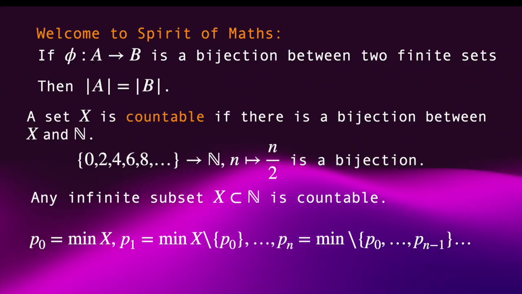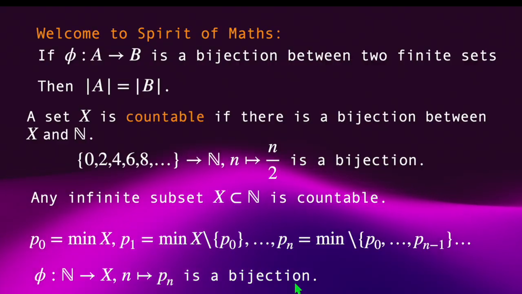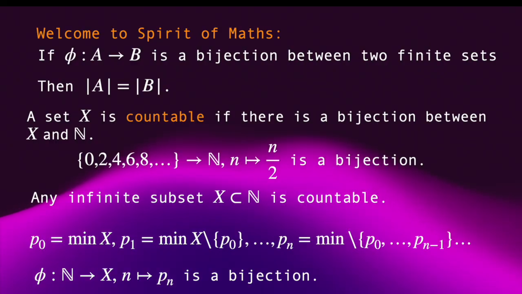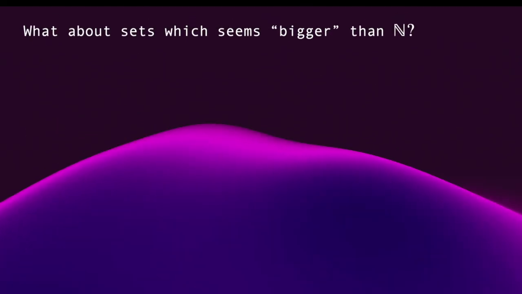And the bijection is this map which to n associates Pn. So any subset X of N can be put in correspondence with the natural numbers.